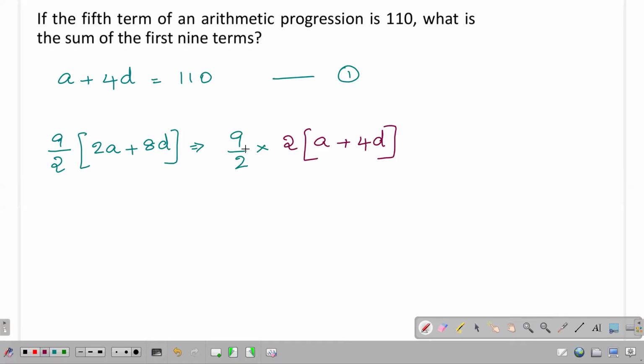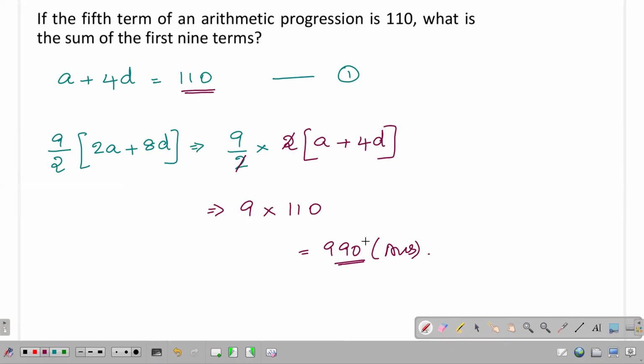This 2 and this 2 will get cancelled off. So now it will be 9 times a plus 4d, which is 110, and thus I get the answer 990. As far as our fifth question is concerned, the fifth term is 110 and the sum of the first 9 terms comes as 990.